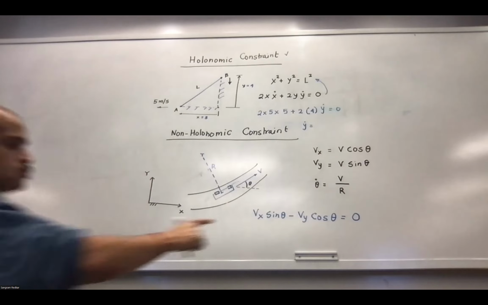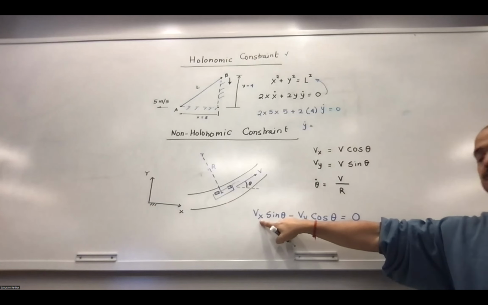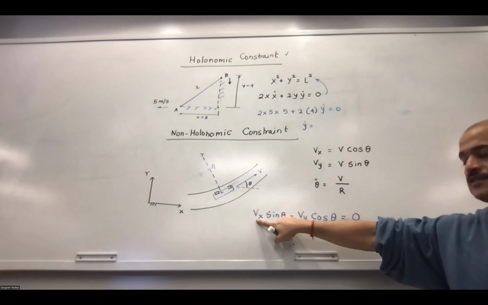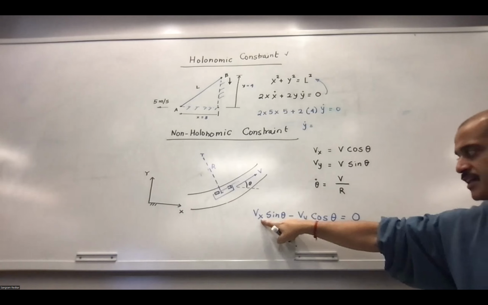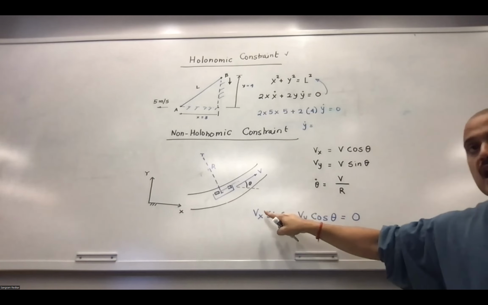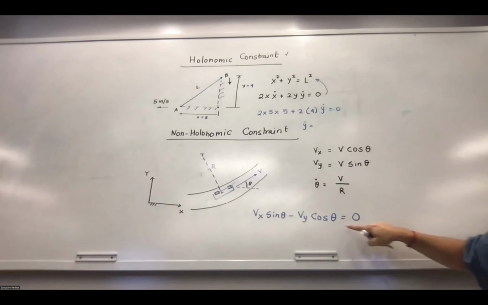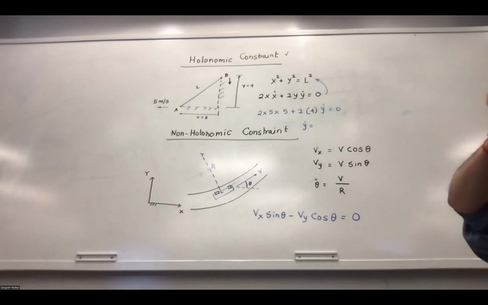This constraint also includes the derivatives. Can you see, Vx is the derivative of position x, and Vy is the derivative of position y. However, I cannot integrate this constraint and get the relationship between x and y.